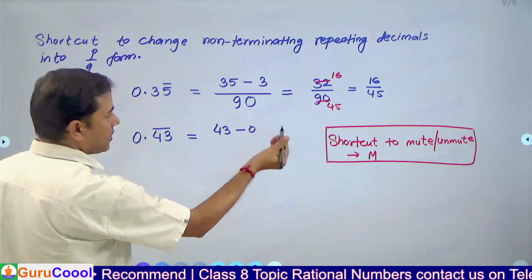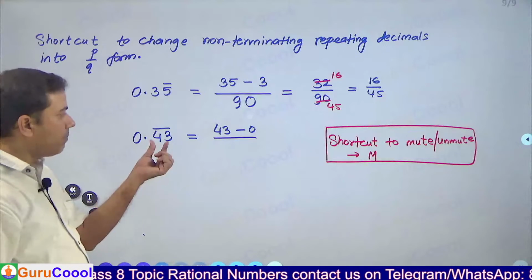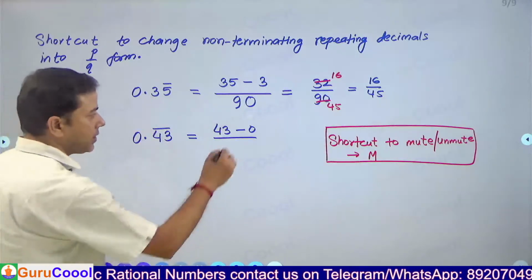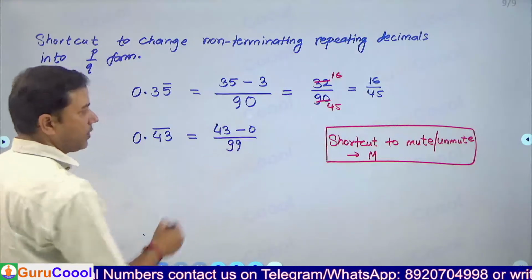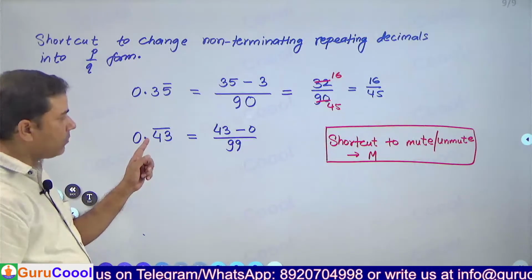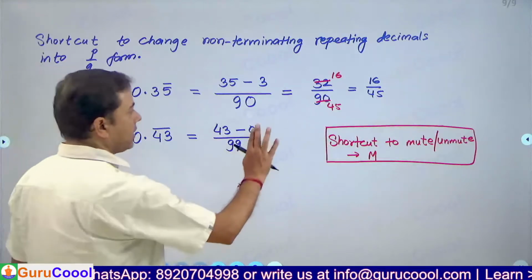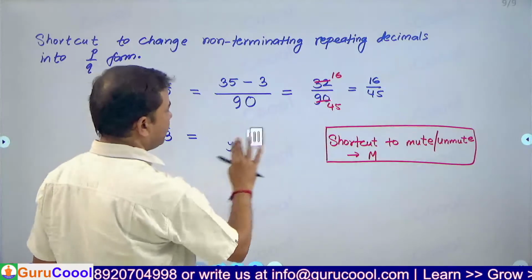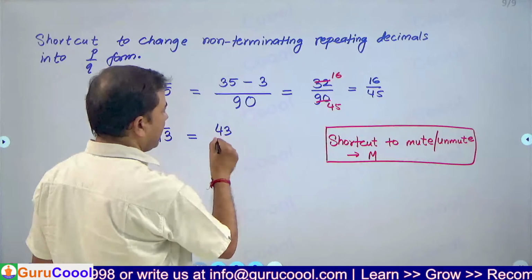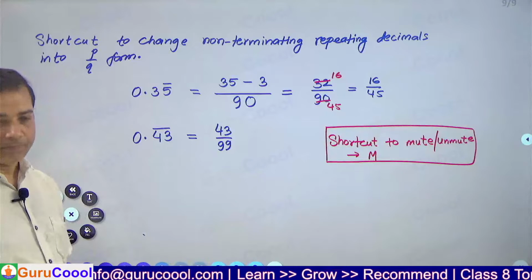Now the number of digits having the bar sign, there are two, so put two nines there. And there is no digit without a bar sign, so no 0 there, just 43 by 99 is the answer. So quick and easy if you understand it.